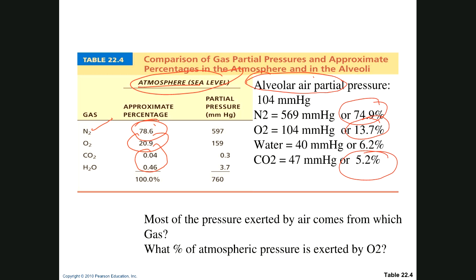So the alveoli is going to retain CO2. And obviously there's more water too in the lungs than there is in the air. So the biggest difference is going to be right here, CO2. Lots more CO2 and obviously less oxygen. More CO2 than we have out in the air.